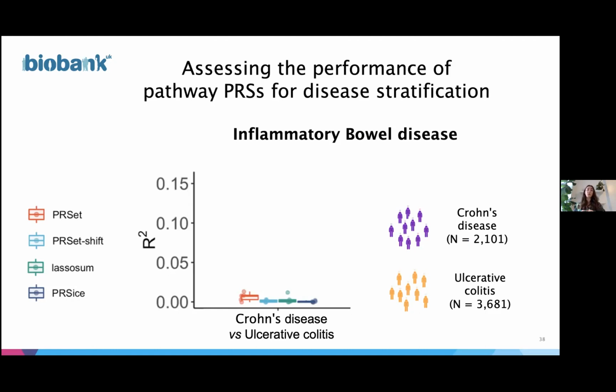So here for the performance, you can see the R score is really, really small for all the methods. PRSet seems to be doing better, but it is too small. But also note that the sample size here is 2,000, 3,000 individuals. And as I was showing in the simulations, we need much larger sample sizes for this method to do best and to be well powered.